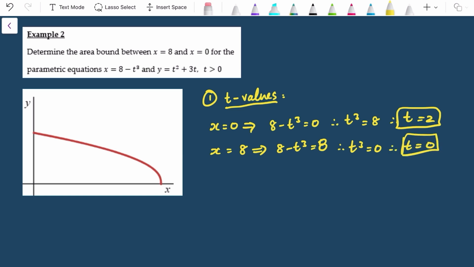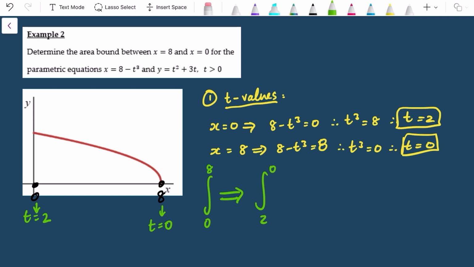Okay, so I noticed that my upper limit of 8 and my lower limit of 0 correspond to a t value of 0 and a t value of 2. So it's very important that we keep the same order. Okay, so if before we had between 8 and 0, then for t, this is now going to become between 0 and 2.